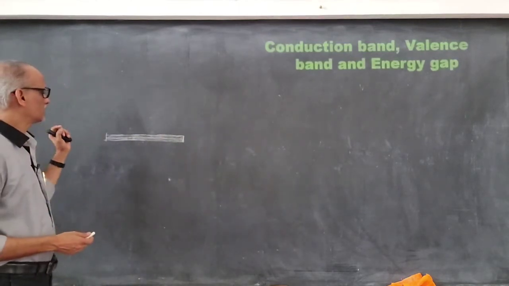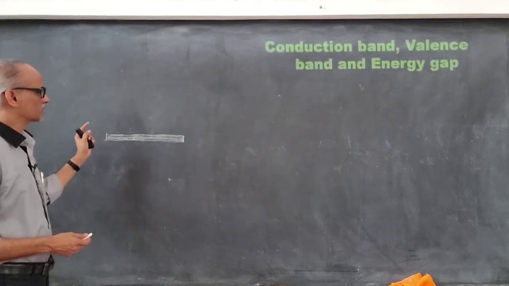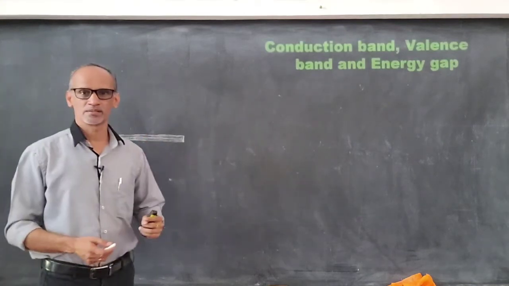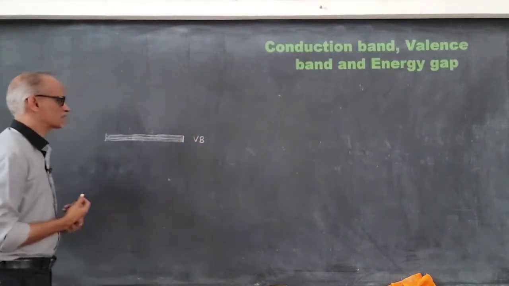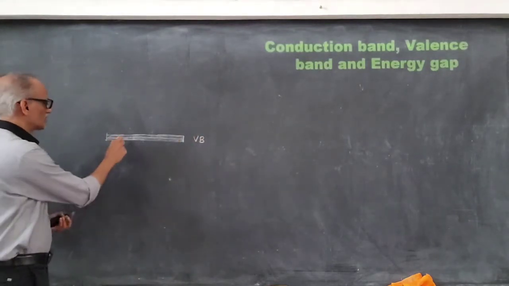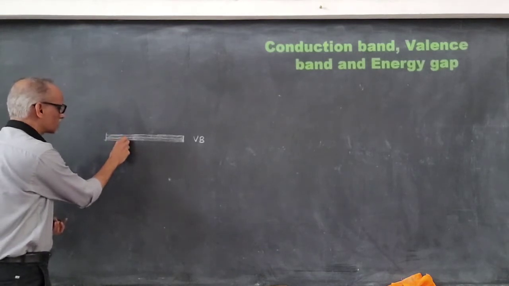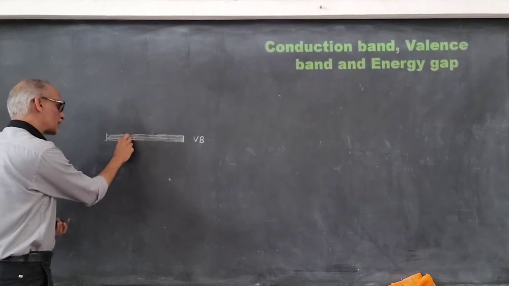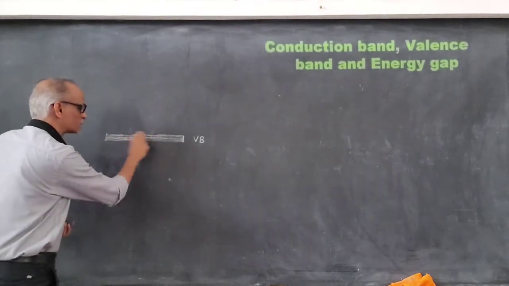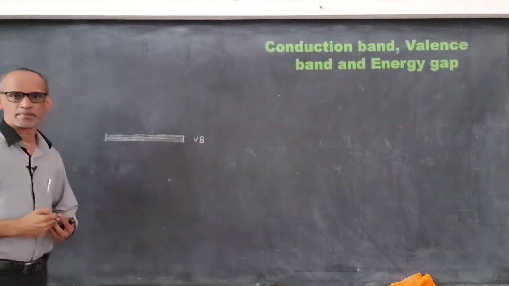And the energy band corresponding to the valence electrons is called the valence band. So, electrons are in the valence band, and depending on their energy they occupy the different energy levels within the valence band.